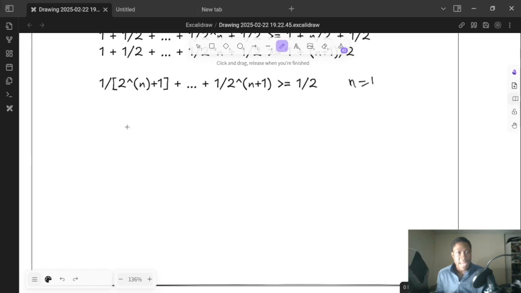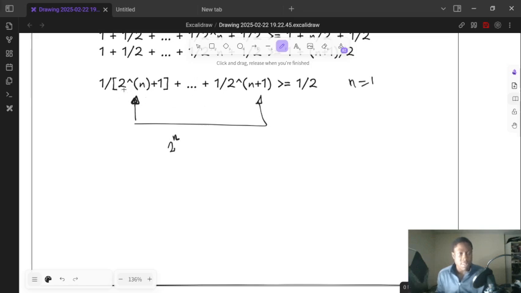Okay? If I start from some power of 2, n plus 1, to the next power of 2, there's going to be exactly 2 to the n terms. And what do I mean by that?